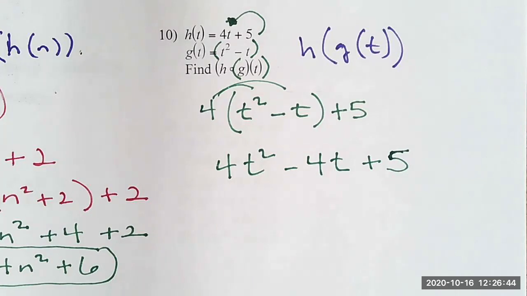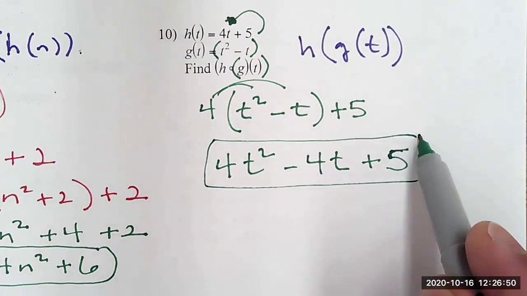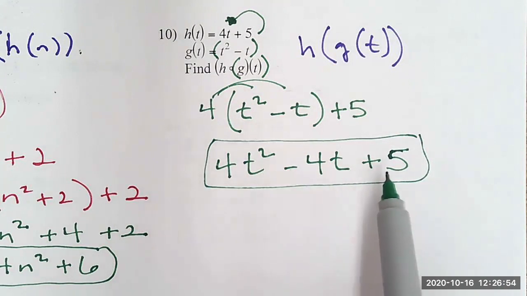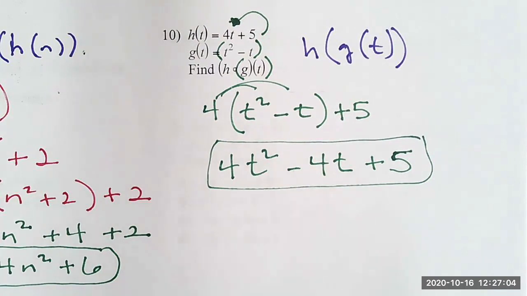Look to see if there are any like terms you can combine. There are not. So here's your final answer. This is h of g of t, which is not going to be the same as g of h of t. Now that is composition of functions.